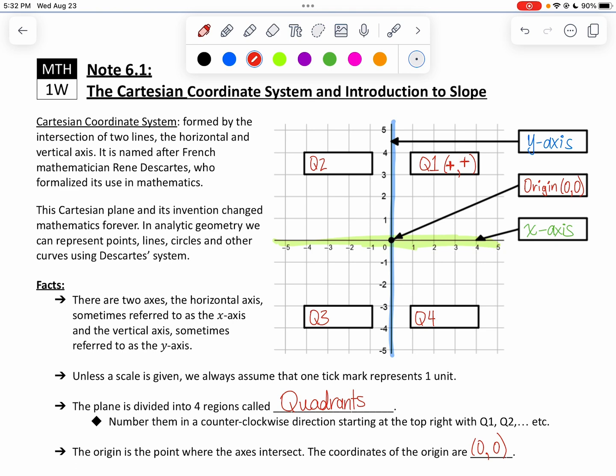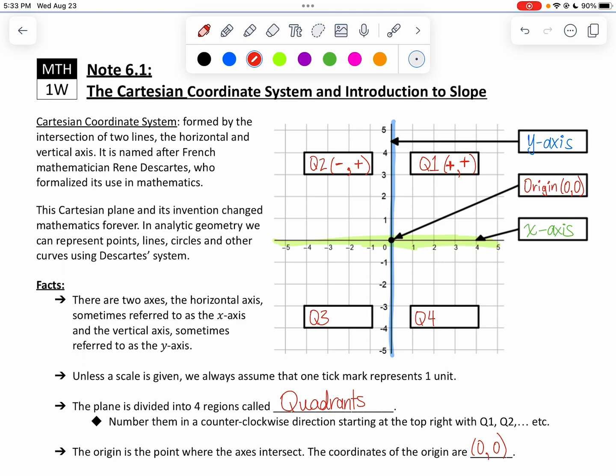So in Q1, both our x and our y coordinate are both positive. This changes a little bit in Q2 in that now, relative to the origin, I've traveled to the left, or in other words, into the negatives on the x-axis, in order for me to be lying somewhere in Q2. So that means that our x-coordinate is going to be negative, but because we're traveling up to get into Q2, we're still positive on the y-axis, so our y-coordinate is going to be positive.